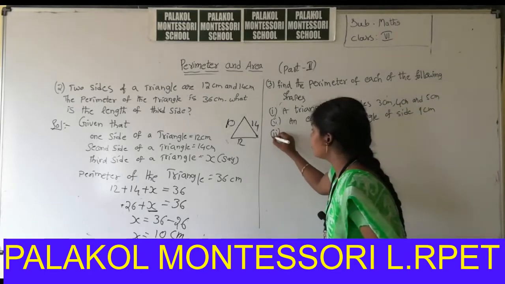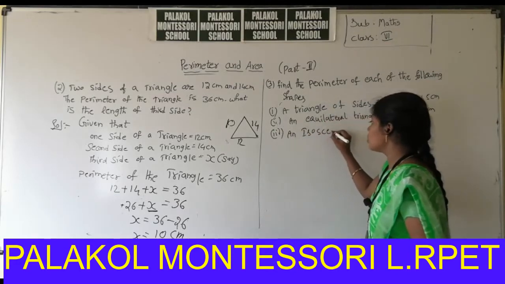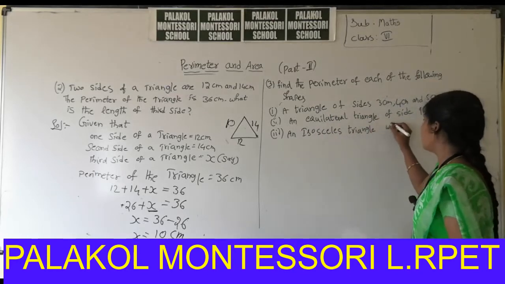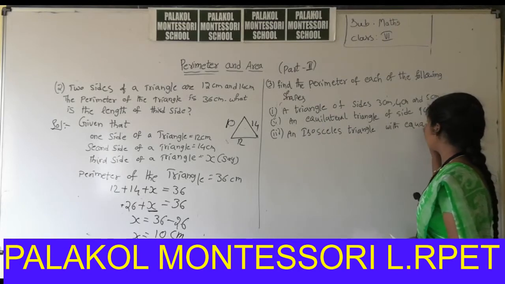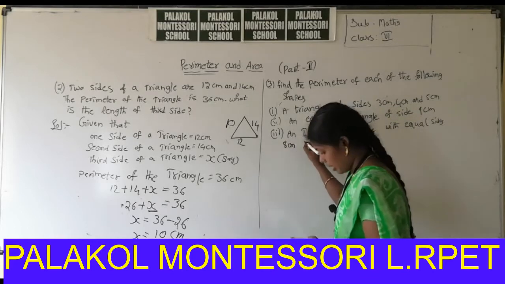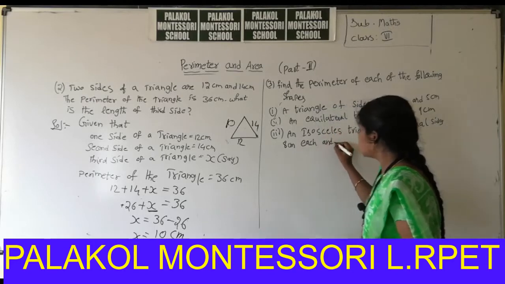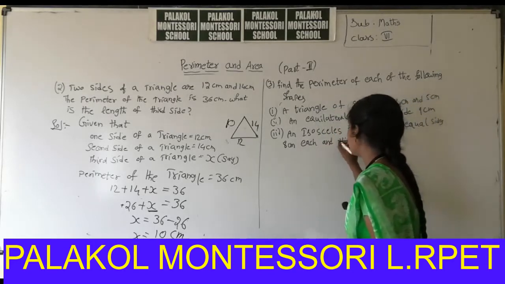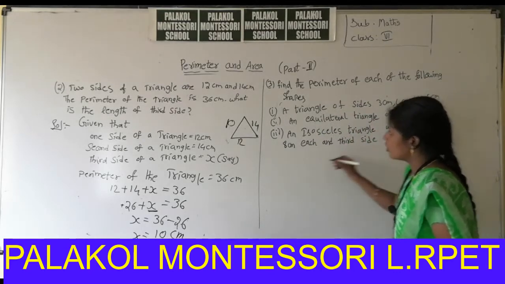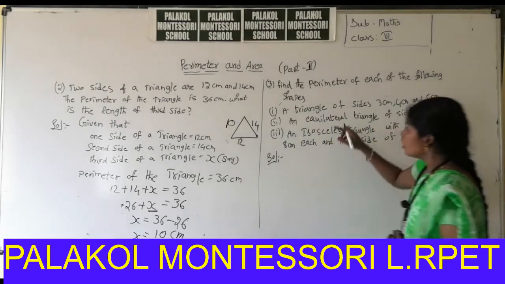And the third one, an isosceles triangle with equal sides of 8 centimeters each, and a third side of 6 centimeters. So we can find the perimeter of these shapes.